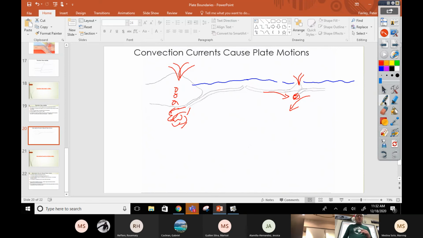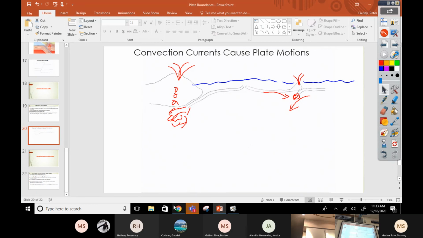I have also posted this PowerPoint on that assignment, but the PowerPoint has all these diagrams completed, everything labeled, everything drawn. And so if you left something out, you could look at those, or you could use them as a study tool in the future, whatever you might need to help you get ready for the test after the first of the year, right? We don't have any tests this year.